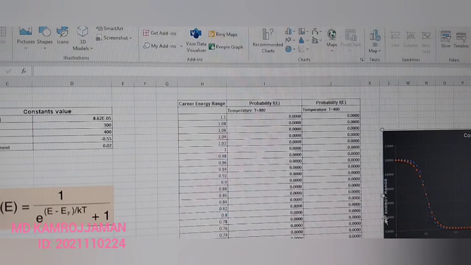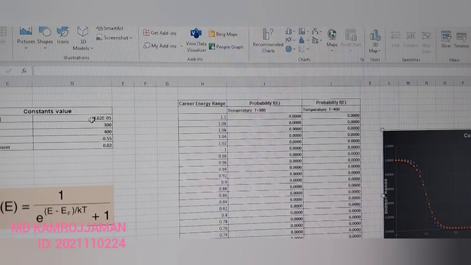So now I just draw this Fermi distribution using this value. It's not different from the previous question, so I just use this constant value and change this value here, which I got from this math.